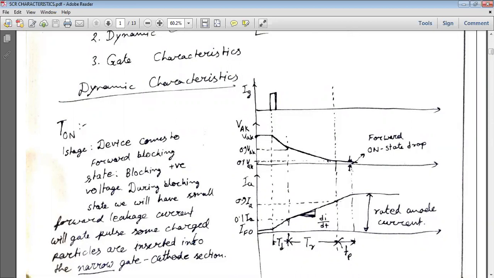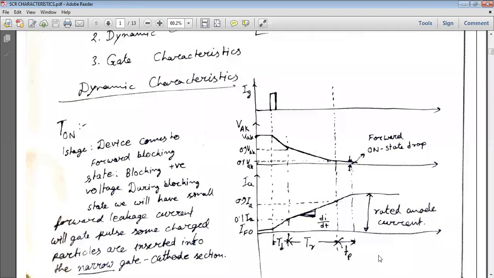The time taken for the anode voltage to go from 10% of its value to the forward on-state drop, as well as the current from 90% of its rated value to the rated current, that particular duration is called the rise time or spread time.